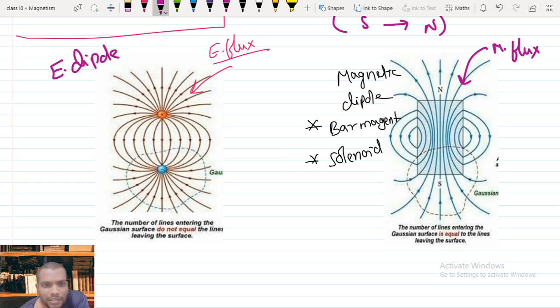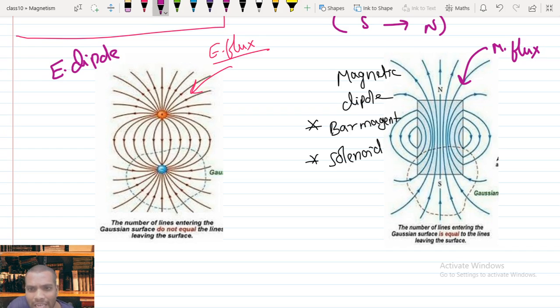And if you see the direction, the electric field line starts from positive charge and ends at negative charge. But when it comes to magnetism, we don't say any specific starting and ending of the field lines. So there is no origin of the field lines.